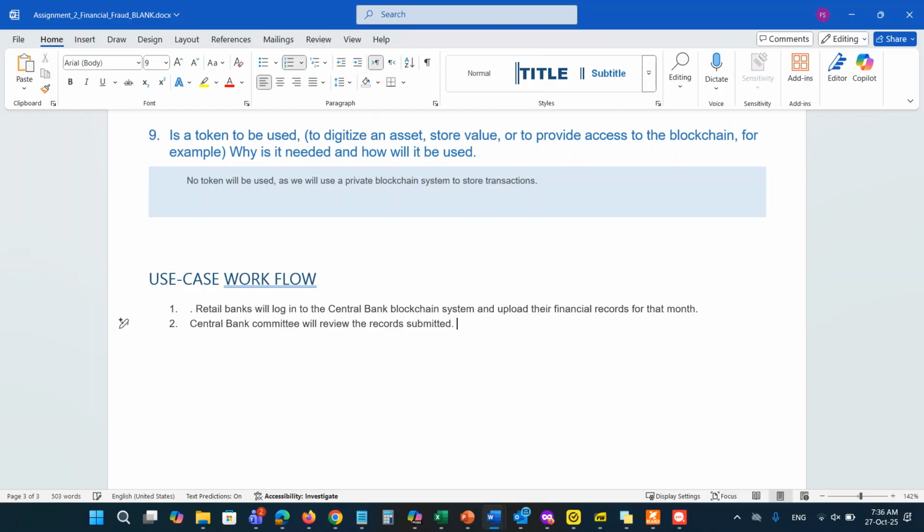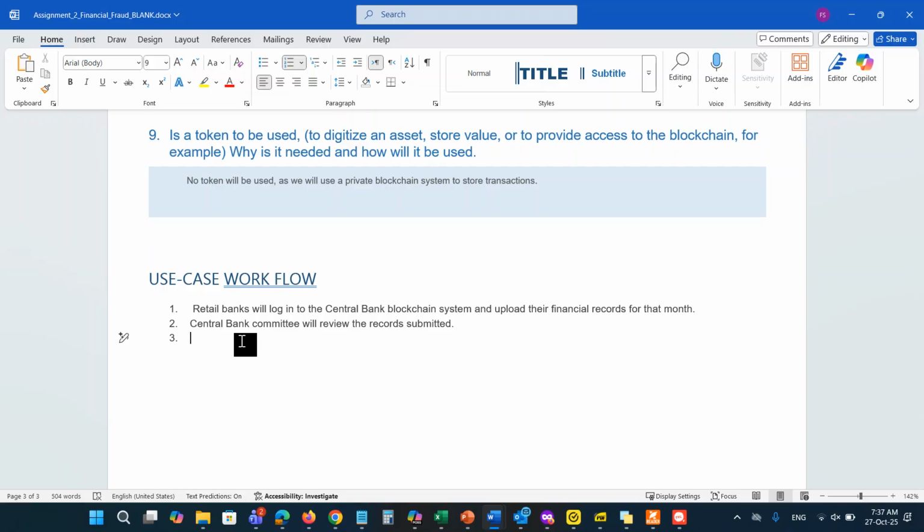After that, every month, whenever the central bank looks and reviews those records, they'll be able to understand and have a direct view of these financial statements of each bank. So that creates an opportunity for the central bank team to review on a monthly basis the submitted financial statements from the banks.